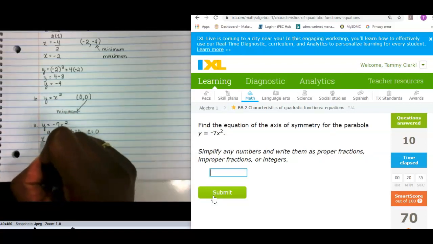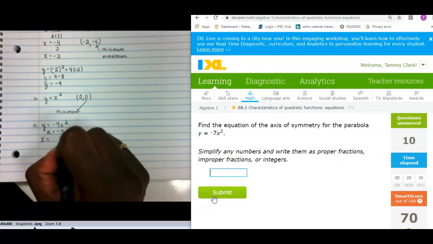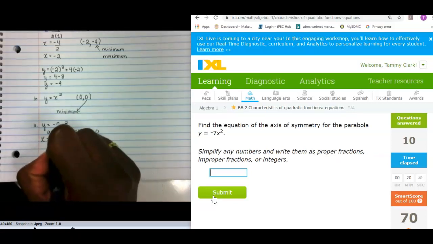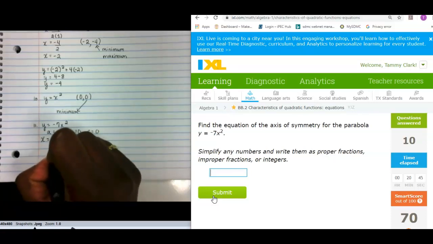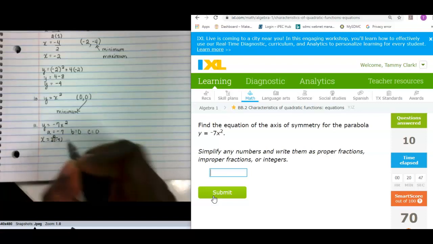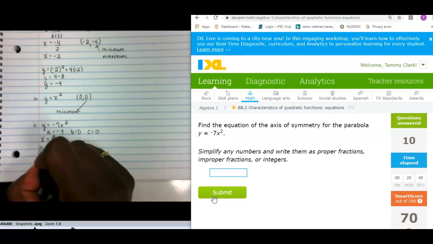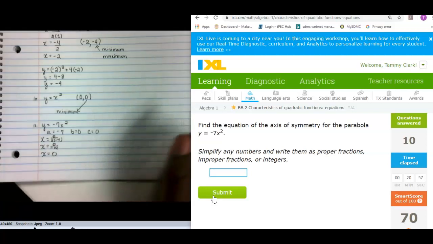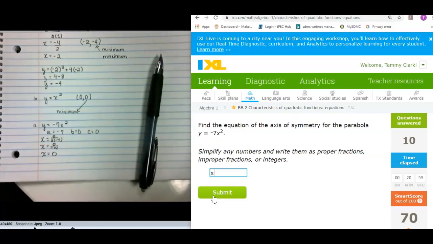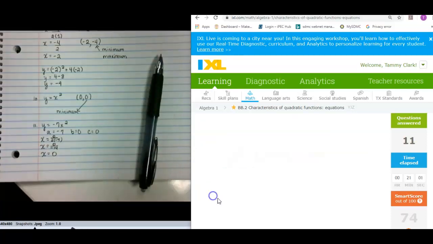So we have x, or our x value, is equal to the opposite of the b term, which is 0, that has no opposite, divided by 2 multiplied by the a term, which is -7. So x is equal to 0 divided by -14. Therefore, x is equal to 0. So the axis of symmetry is x equals 0.